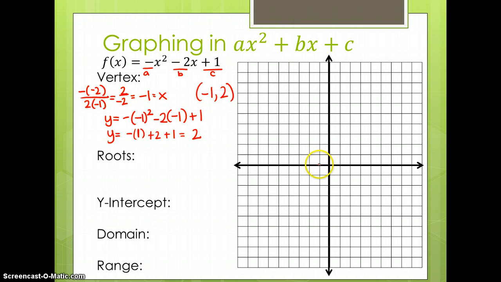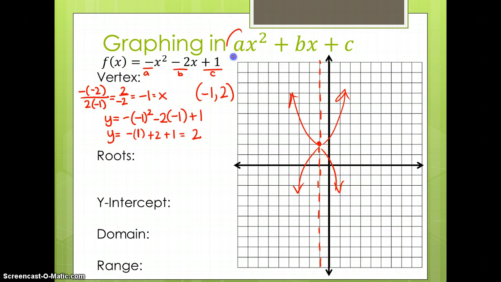So if we graph that, negative 1, comma 2, we draw in our axis of symmetry. You're kind of trying to figure out here, okay, where is my graph going to go? Is it going to be a parabola like this? Is it going to be a parabola facing downward? Remember, you can look at the a value.